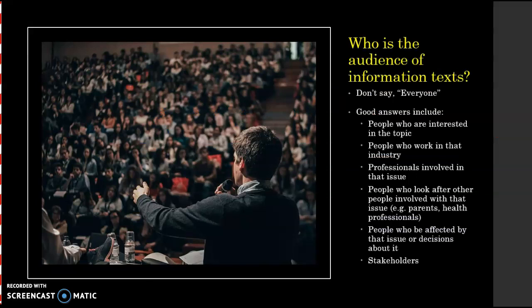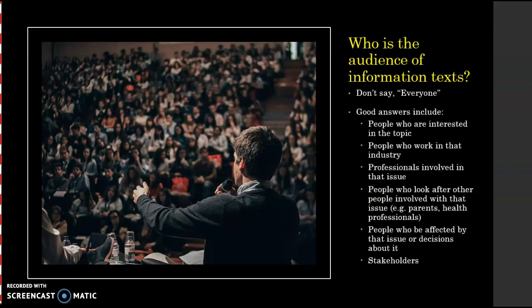Often when we're doing reading tasks, we're asked about the audience of the text. It's important not to write everybody or everyone when you do that. You need to think more deeply. Ask yourself who would be interested in reading this and why. That might involve people who work in the industry, professionals that are involved in the issue, people who look after other people who are involved with that issue.